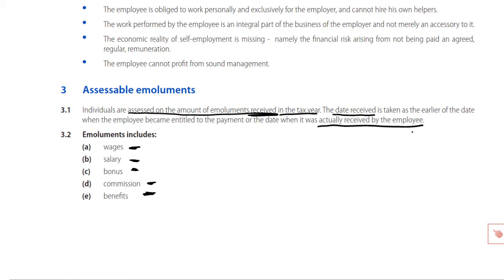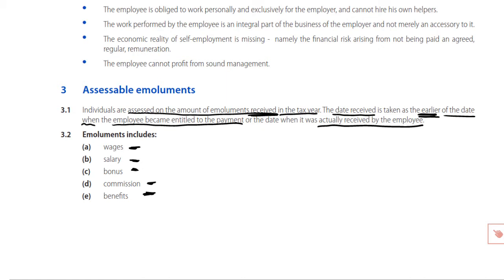But when it comes to things like bonuses, specifically, which is usually where it's tested, the date received is taken as being the earlier, note the earlier, of the date when, and here's the expression, the employee became entitled to the payment, or the date when it was actually received by the employee. You won't have to worry at this level about defining what we mean by the date when we became entitled to the payment. You'd be told the date when you became entitled was this date, the date when it was actually received was that date. We take the earlier of those two.